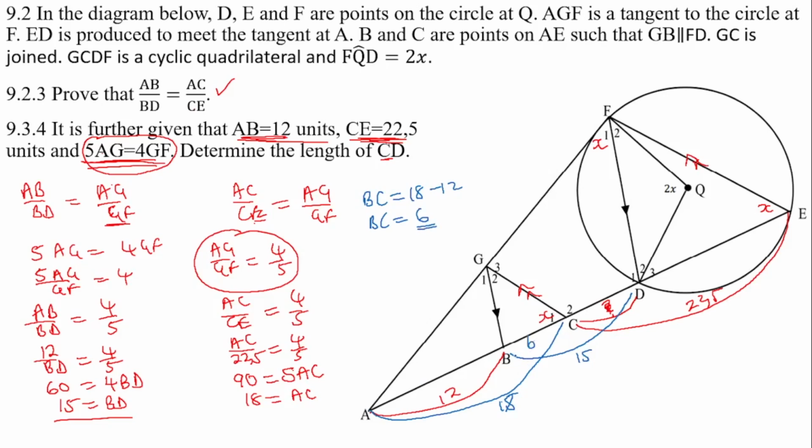And remember, we're finding CD. We can find CD by subtracting BC from BD, because we have BD, which is 15. So BD minus BC gives us CD. Therefore CD is equal to 15 minus 6, so CD is 9 units.